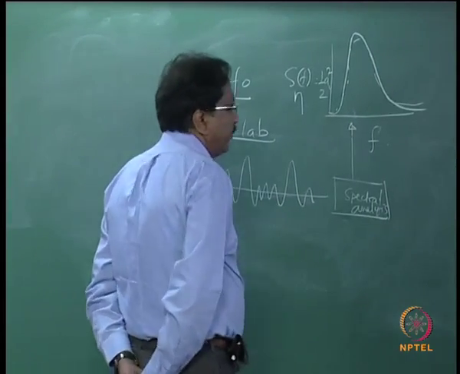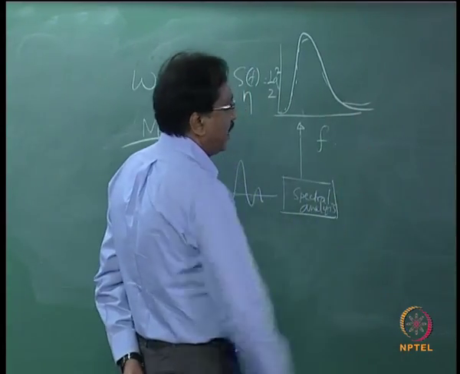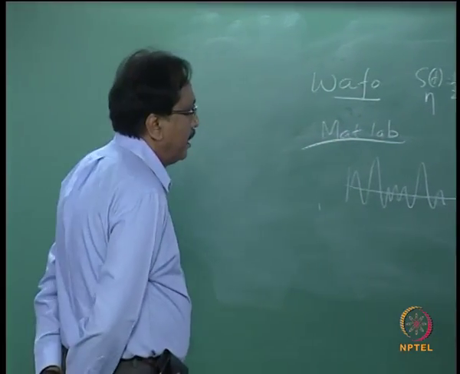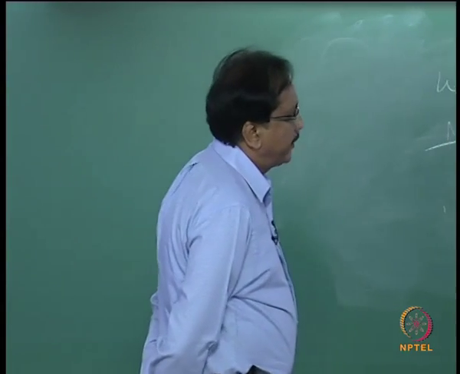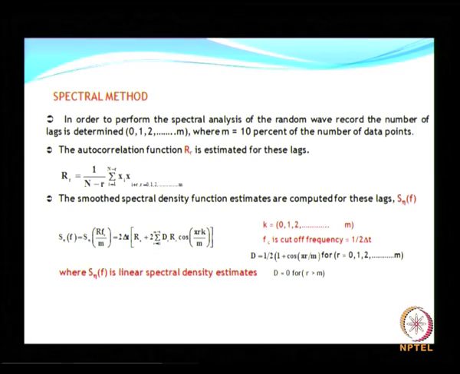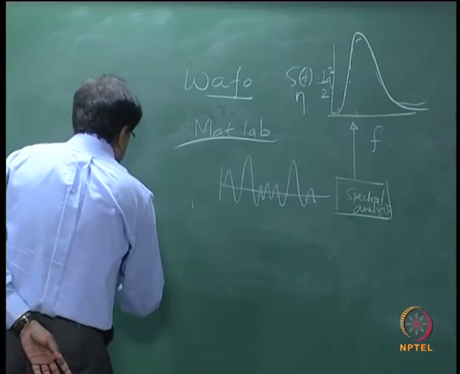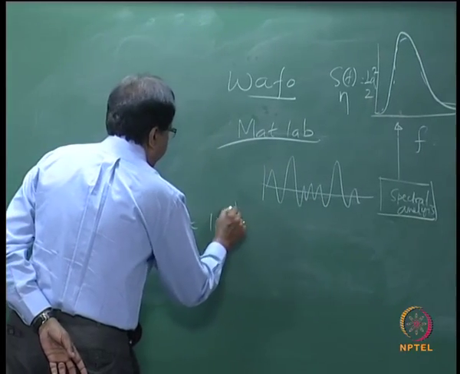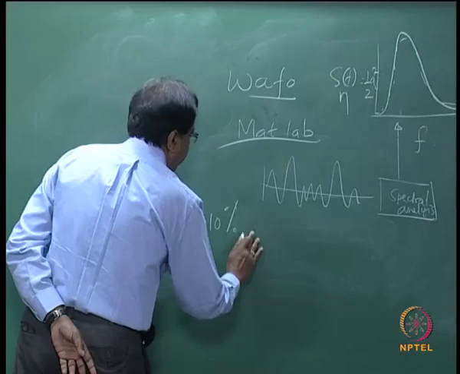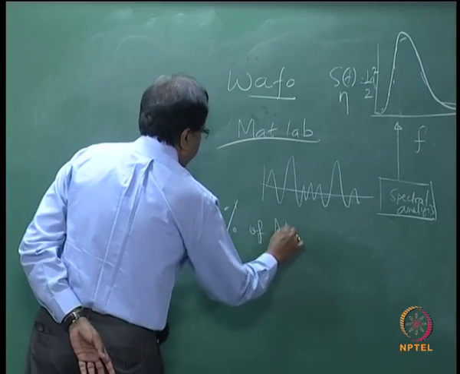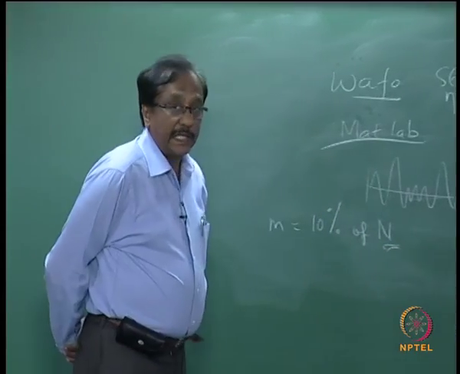So under the spectral and under the autocorrelation function, in order to perform the spectral analysis, this record is assumed to have a number of lags. We usually take the number of lags or the components as 10% of N. N is the number of data values.